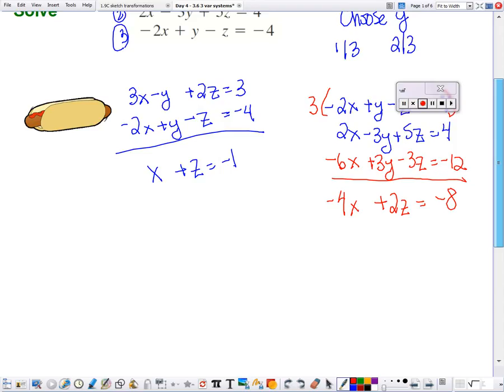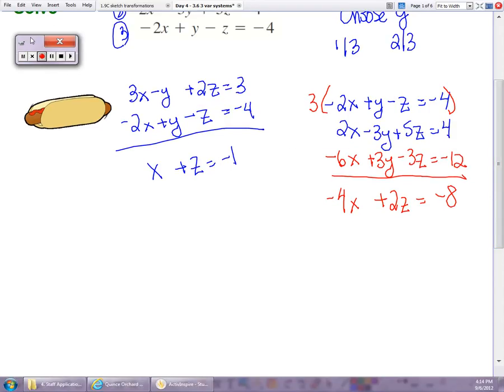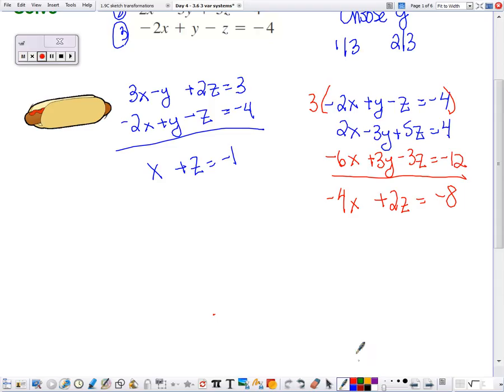Now I need to take my two variable equations, I'm going to rewrite them together. And I'm going to choose to multiply the top one by 4, only because this is already negative. You could have chosen z, it would work.